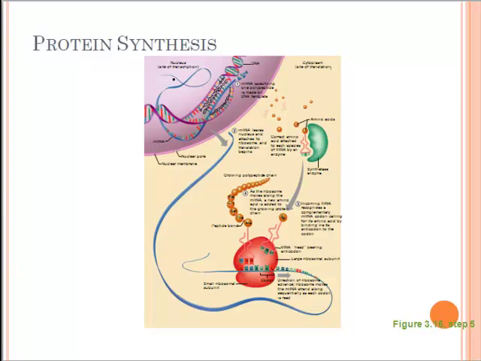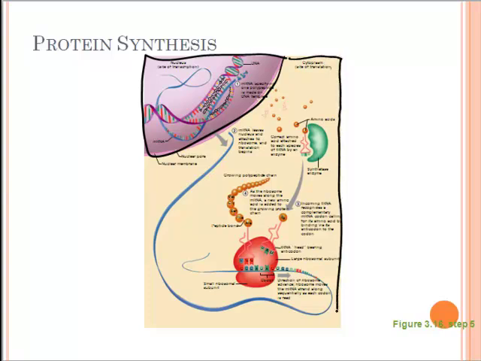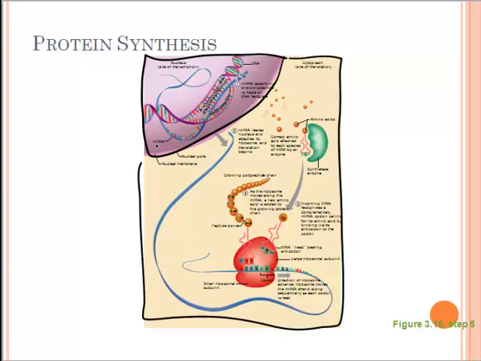So this section here is called transcription. In transcription, we're going from DNA to RNA. In the cytoplasm here, we have translation. So in translation, we have the mRNA, the rRNA, and the tRNA coming together to form our end product, which is this, our protein, our amino acid sequence.